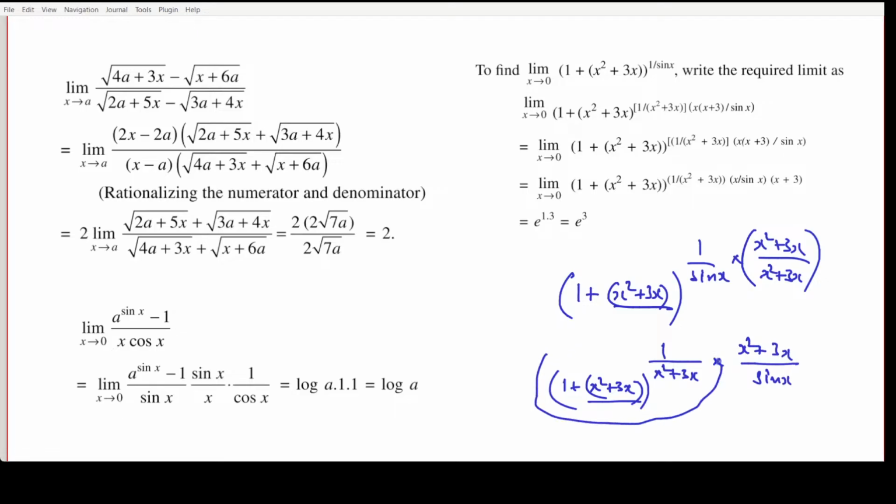Now this entire part is equal to what? 1 plus x whole power 1 by x. This part is actually equal to e, right? Now we are replacing this, and then this becomes e power x squared plus 3x by sin x.